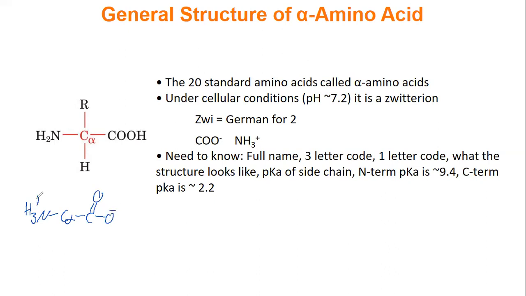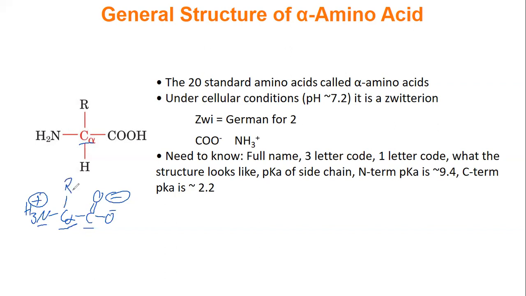They always have a charge from this nitrogen and a charge from this carboxylic acid. What I just drew right here is the backbone. That's what we call it. Every amino acid is going to have the same backbone. It's going to have NH3, and then it'll have a carbon. And I wrote an alpha because this is called the carbon alpha, right? Carbon alpha. And then it's going to have a carboxylic acid.